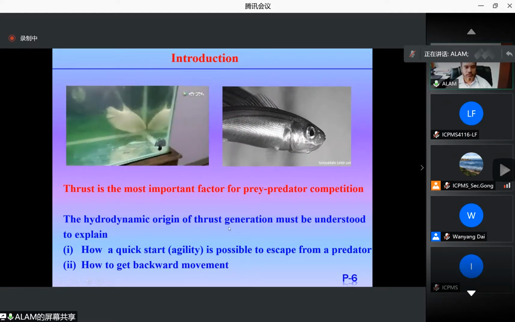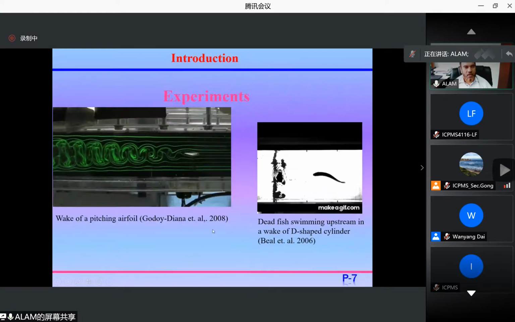What is the physics? In some previous experiments by other researchers like Godin and Dynamo, they made experiments on an oscillating foil, and they found the reverse Karman vortex corresponds to thrust generation, and the Karman vortex corresponds to drag.